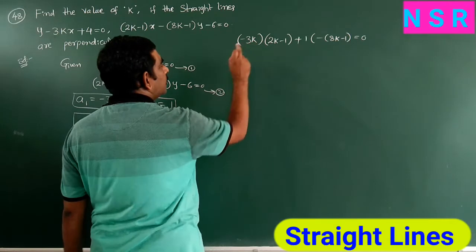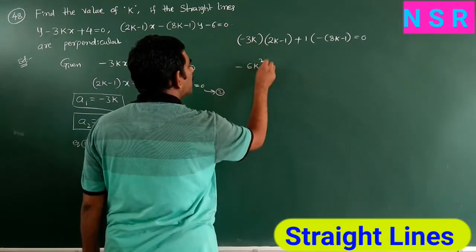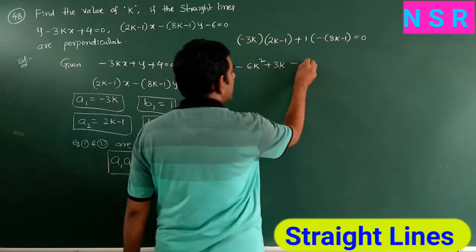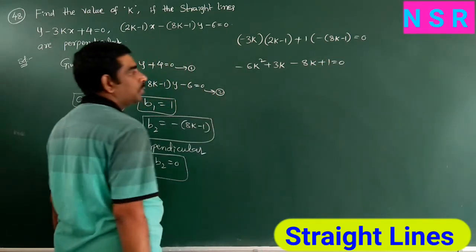Minus 3k into 2k is minus 6k square, minus into minus plus 3k into 1 is 3k. Next here minus 8k, minus into minus plus 1 equal to 0.